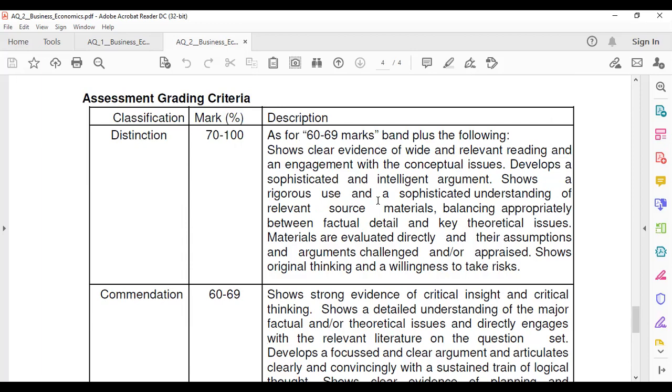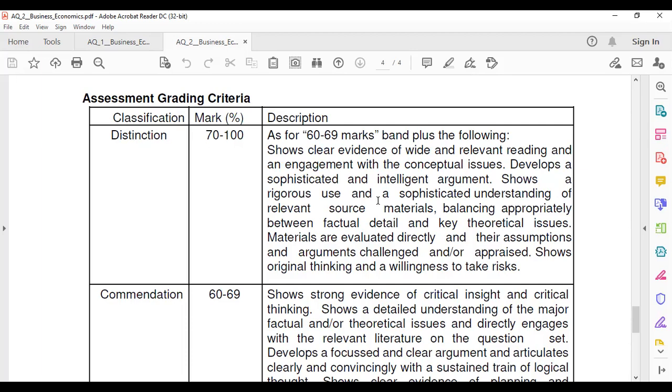This clearly needs to show evidence of wider and relevant reading and engagement with the conceptual issues. This also develops a sophisticated and intelligent argument, shows rigorous use and sophisticated understanding of relevant source materials, balancing appropriately between textual detail and key theoretical issues.